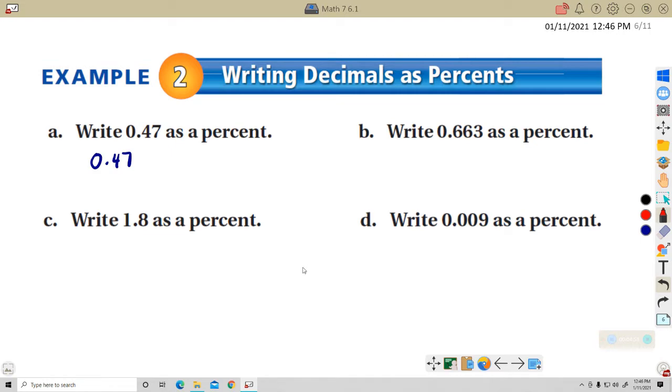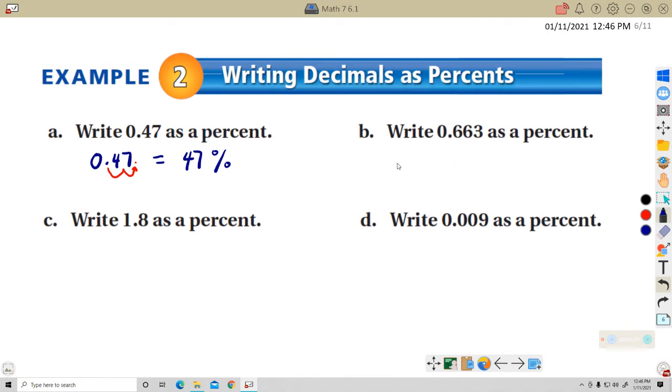Well, I need to multiply by 100. So I'm going to move my decimal point one space to the right, that would be multiplying by 10. One more space to the right would be multiplying by 100. That's what we want. So 0.47 equals 47%.